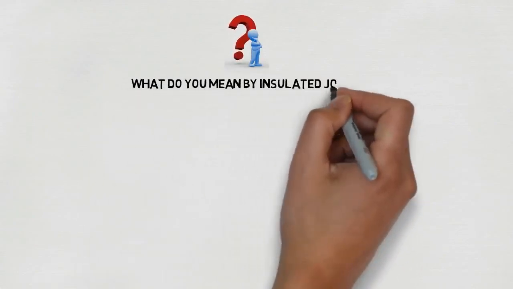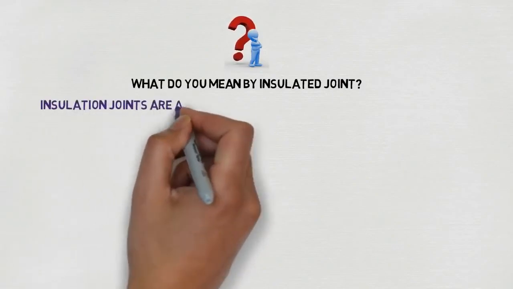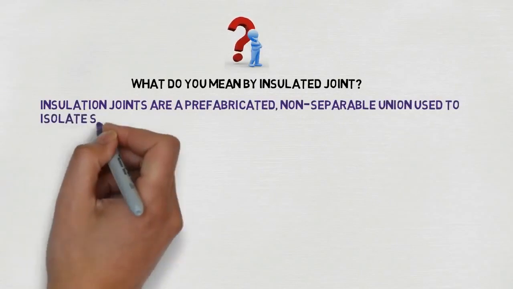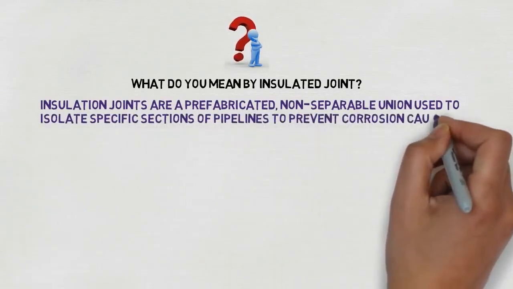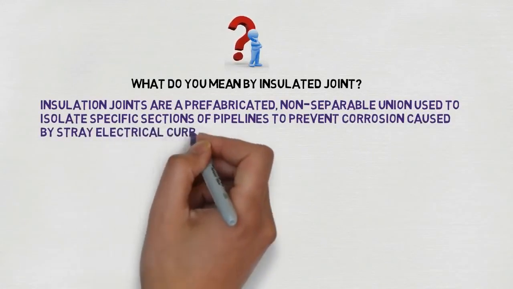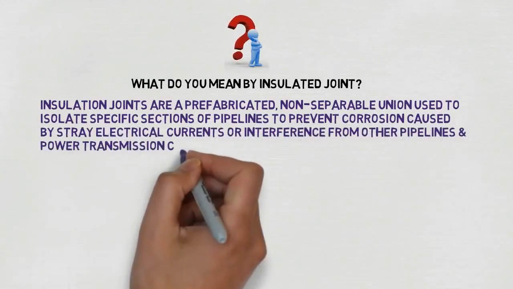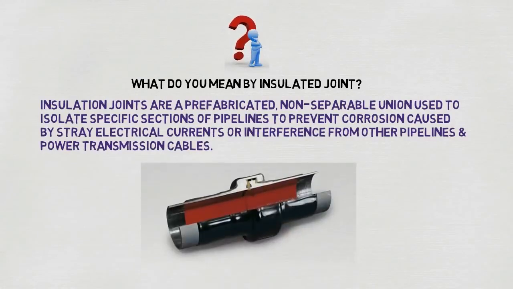What do you mean by insulated joint? Insulation joints are prefabricated non-separable unions used to isolate a specific section of pipeline to prevent corrosion caused by stray electrical current or interference from other pipelines and power transmission cable.